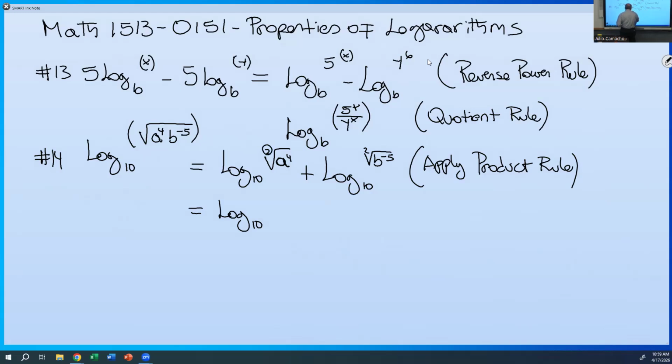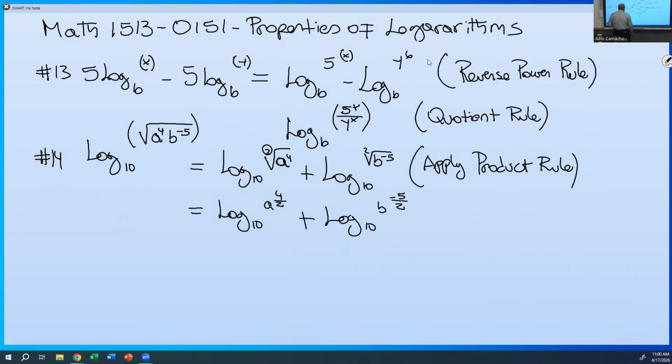That will be equal to a to the 4/2, plus the log base 10 of b to the -5/2.